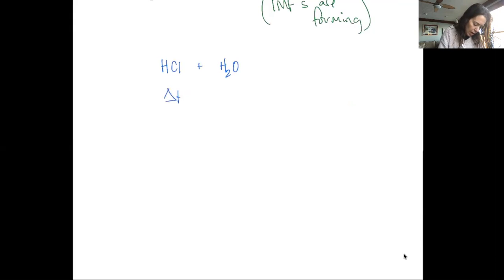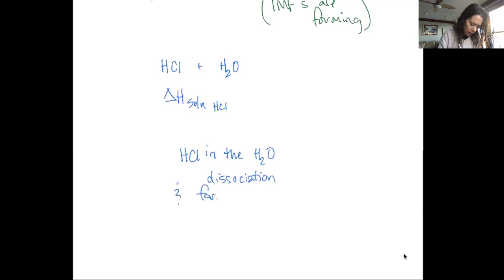So the delta H solution of, say, HCl is the process of putting the HCl in the water, the dissociation and the forming of interparticle attractions.